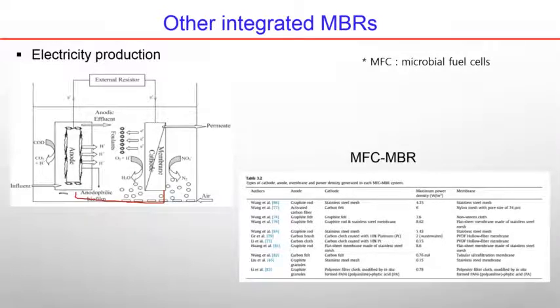In the anode chamber, the oxidation of organic compounds takes place under anaerobic conditions, and in the cathode chamber, the oxygen or ferric cyanide is reduced under aerobic conditions. And MFC alone leads to low efficiency treatment. On the right side of the slide, there is a table that explains the type of cathode, anode, membrane, and power density generated in each MFC MBR system.